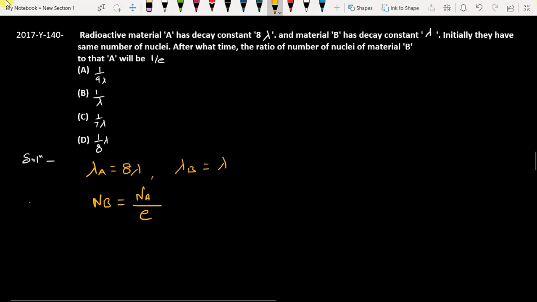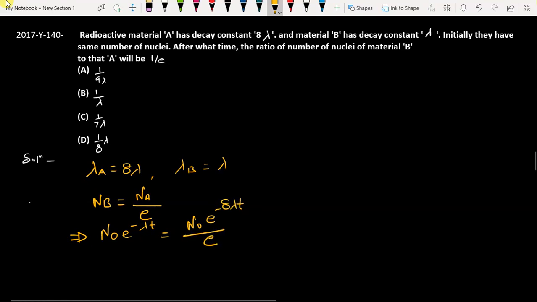Okay, so now if you just put all the values, see what we are going to get. We know that NB will be what? Let's say N naught was the initial number of nuclei, and that is the same for both. So N naught e to the power minus lambda t for B will be equal to N naught e to the power minus 8 lambda t by e.